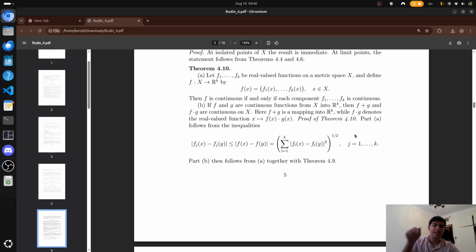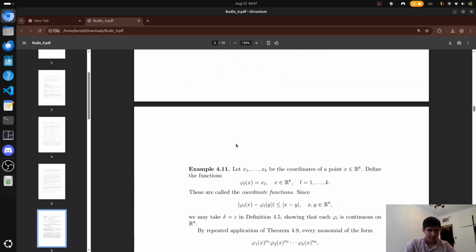You're not just taking the square root of that initial square, you're taking the square root of all the other components squared, so it's going to be greater than or equal to the difference of the components. Which means that for this thing over here, f of x minus f of y, if it's less than epsilon, then the component difference is also less than epsilon.